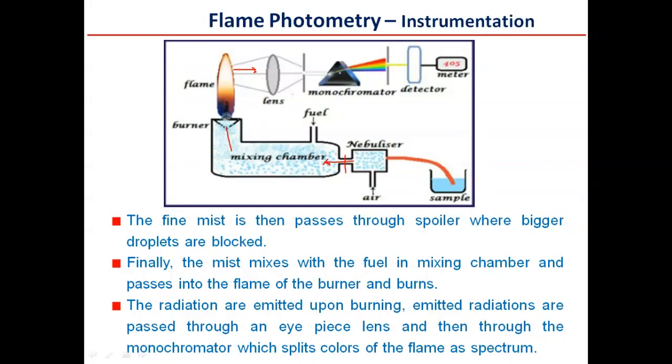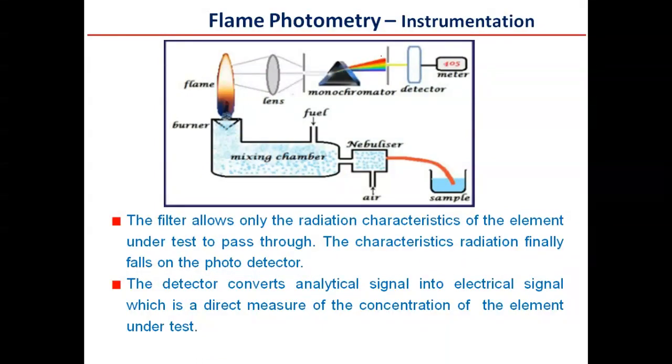Once it splits the spectrum, we have a filter here. The filter allows only the radiations characteristic of the element under test to pass through. The characteristic radiations finally fall on the detector, or the photodetector, and this detector converts the analytical signal into the electrical signal, which is a direct measure of the concentration of the element under test.